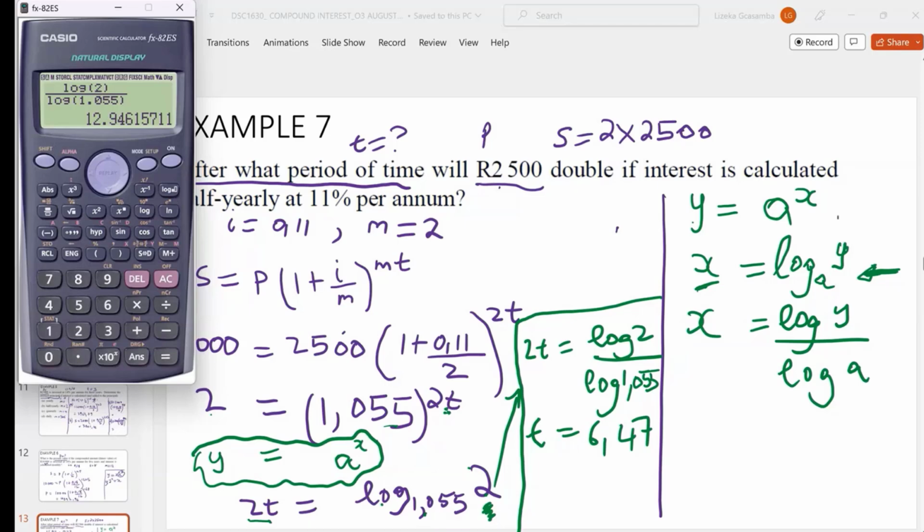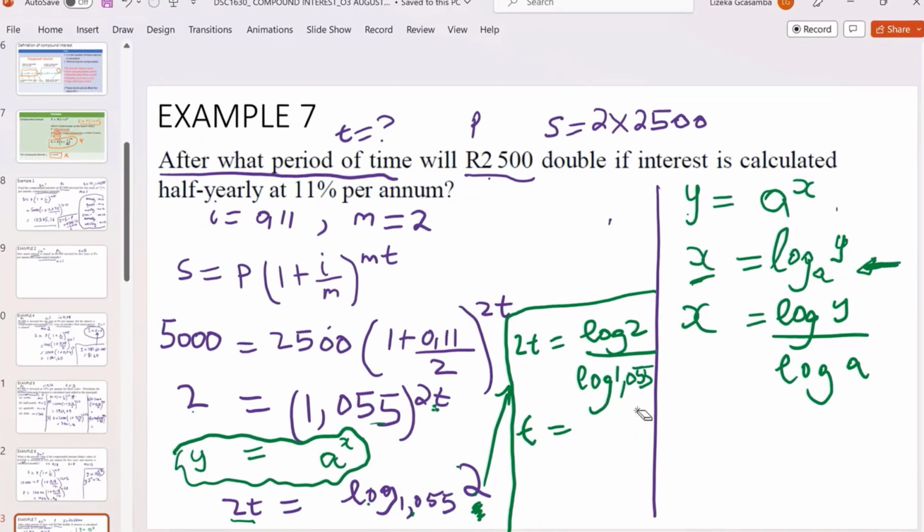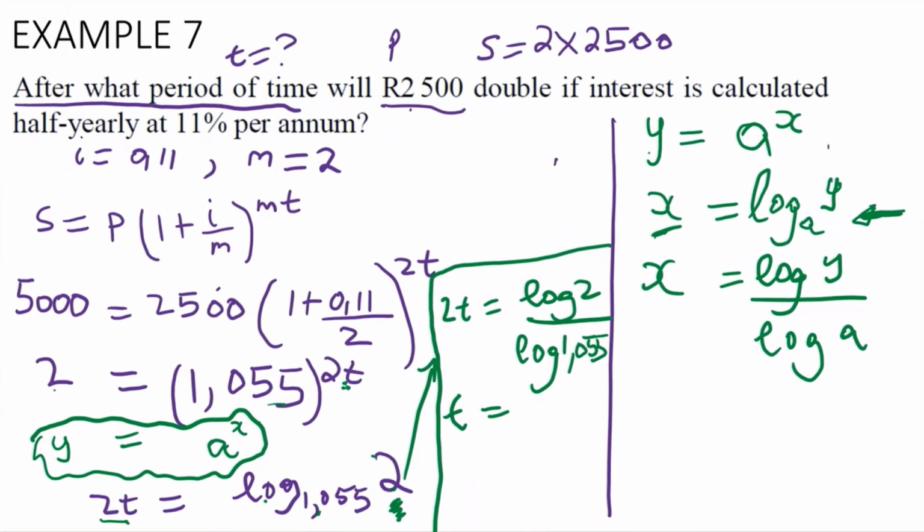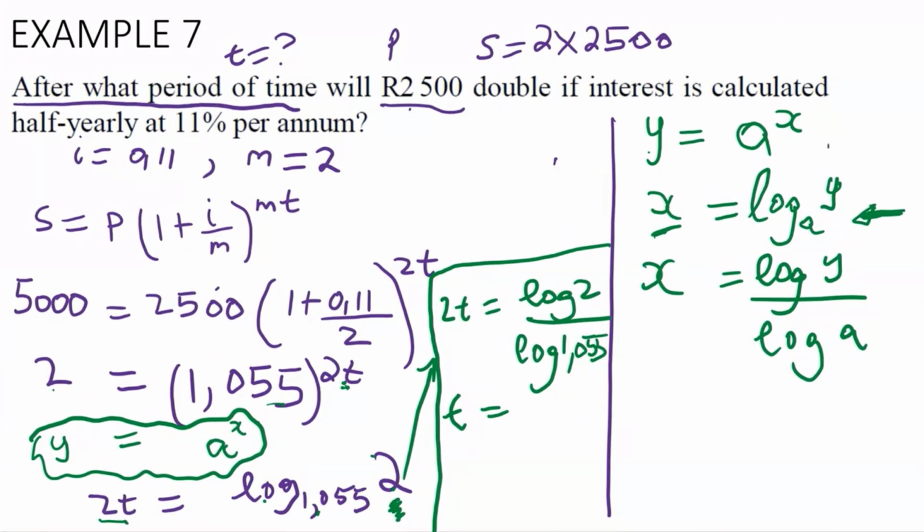Let me come here. 2t is equal to 12.946.